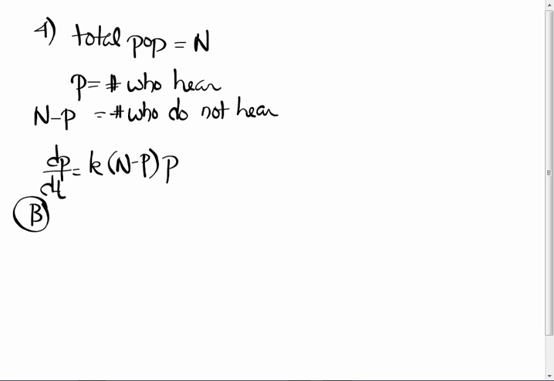C has a product, but the n minus P is in the wrong order. D has a t there instead of the population, and same with E. Product is multiplied. The product is the number of people who heard the rumor, which is P, times those who don't, n minus P.